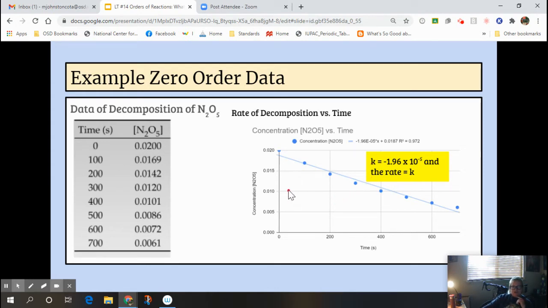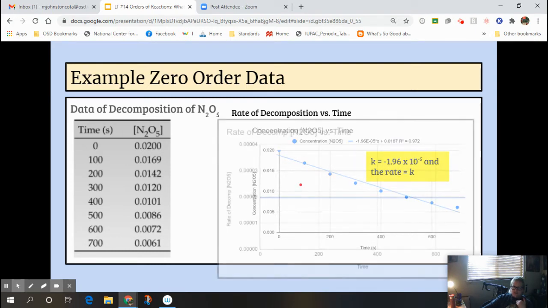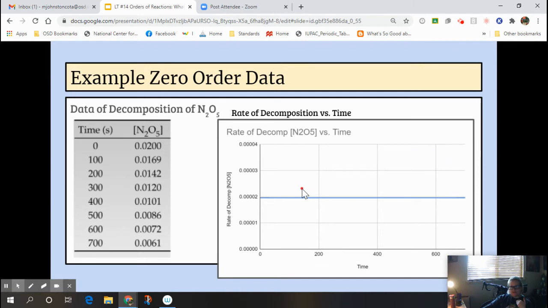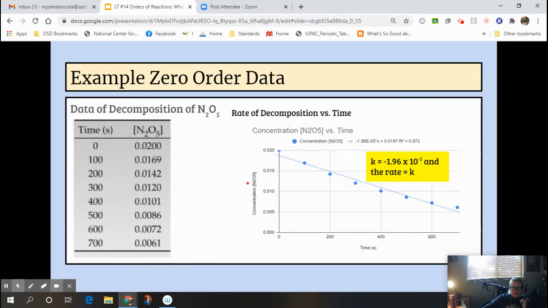So if I was to graph my original rate law, we can now see, because the rate is equal to the rate constant, I will get this graph here, where the slope of the line, which was the negative 0.196, is graphed here like this, and it doesn't change. You'll know this from calculus as being the derivative of this graph.